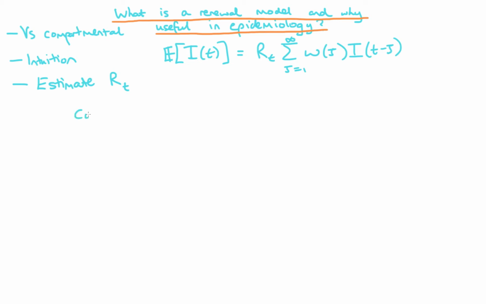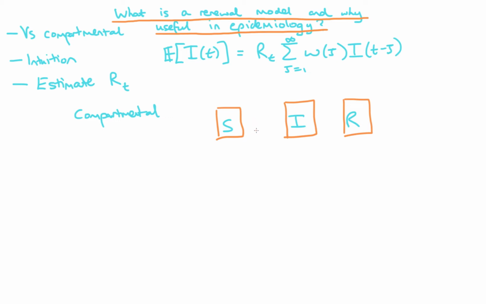So let's first start with compartmental models. One of the simplest compartmental models is a so-called SIR model. What that means is that we put individuals into different compartments: an S compartment standing for susceptible individuals, an I compartment standing for infected and infectious individuals, and another compartment R standing for recovered individuals.